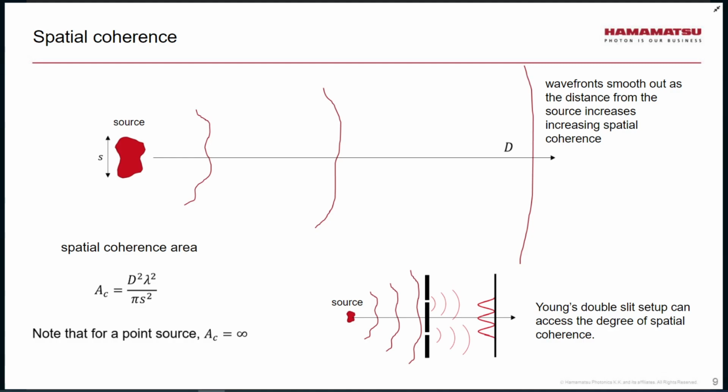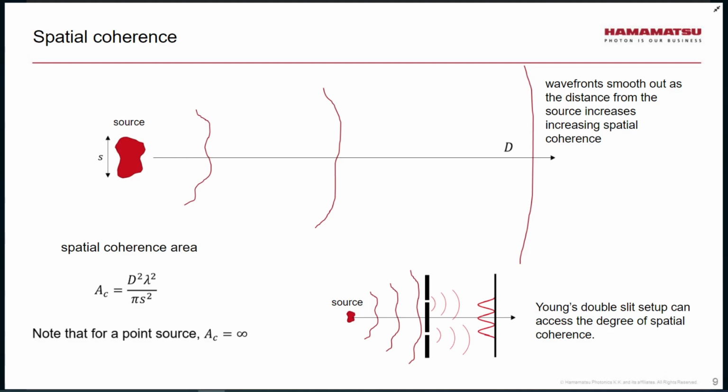In case of spatial coherence, let's look at the following picture. I have some source of light, not spherical, some rough-looking source, and what's depicted are some wavefronts emanating from this source. Please note that the wavefronts are kind of rough, depicting effectively, in this case, the shape of the source and the time of emission of the photons that make up these wavefronts.